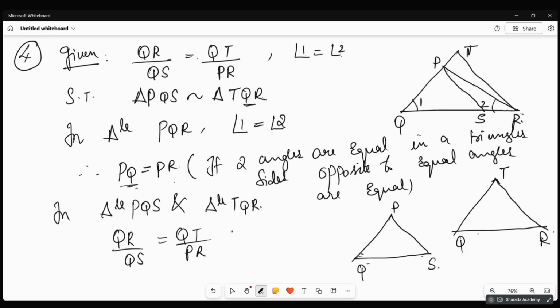Therefore, I can write QR by QS is equal to QT by PQ. That is, if you see these two triangles, QR is this side by QS, then you have TQ by PQ. These two sides proportional we already know. Correct now?